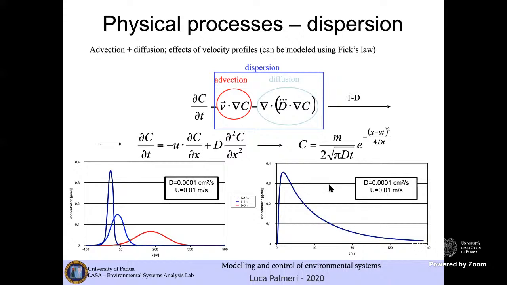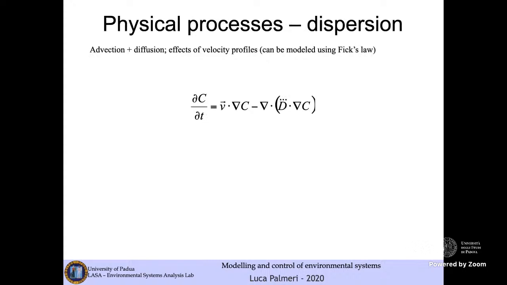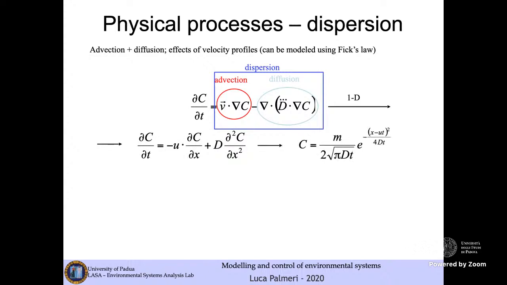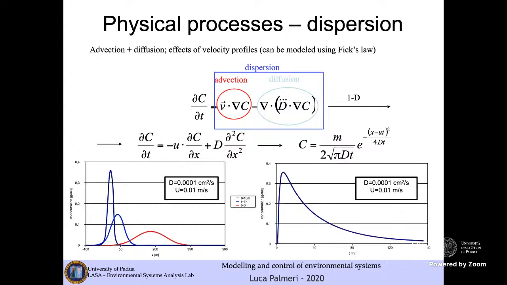For example, you can also look at what happens in time. Let us focus at x equal to 0, the starting point of the flow, and look at how concentration changes in time. For example, for a diffusion coefficient of 10 to the minus 3 square centimeters per second and a stream speed of 0.01 meters per second, what we obtain is a curve like this one, the last one.